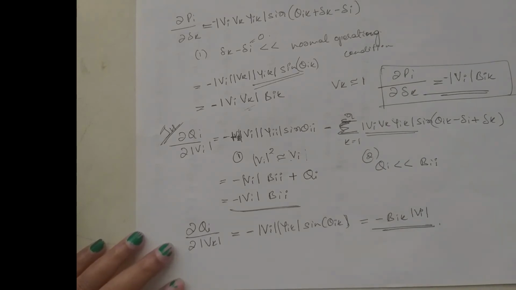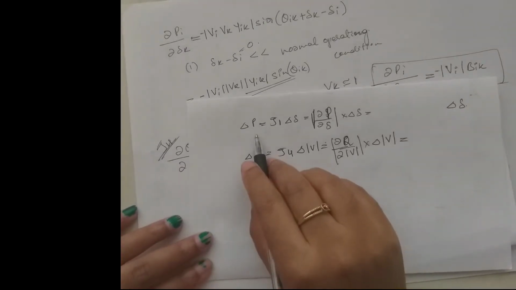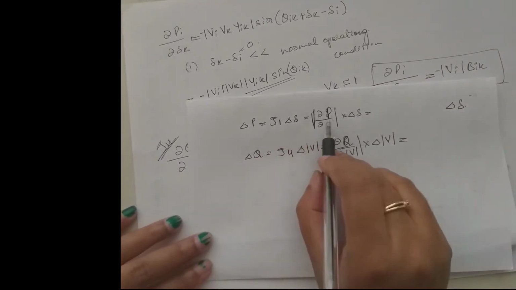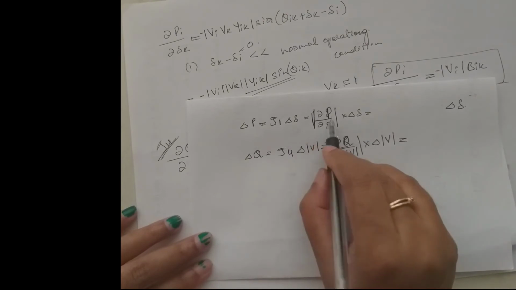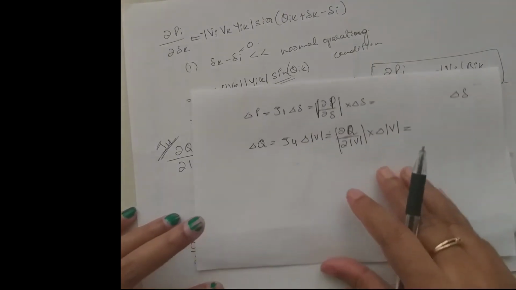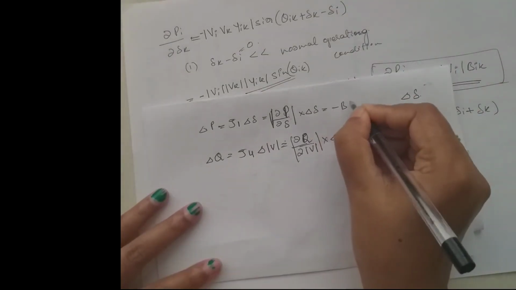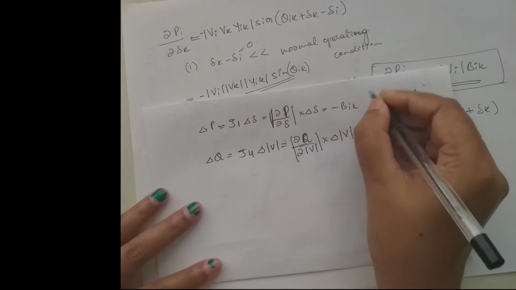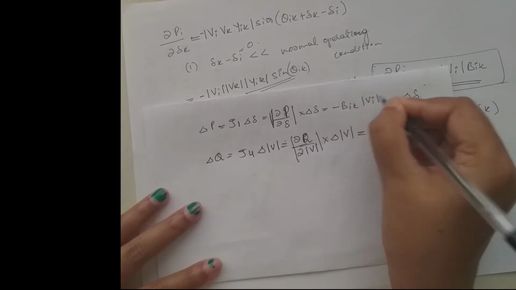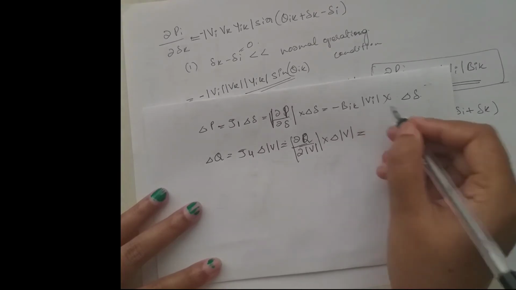So finally we get delta P is equal to J1 delta delta. J1 is equal to delta P divided by delta delta into delta delta. Delta P divided by delta delta we got almost minus Bik Vi, correct. If you take the ith term outside, then it would be Bii into Vi, correct.